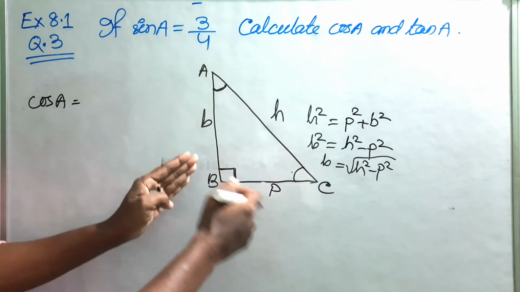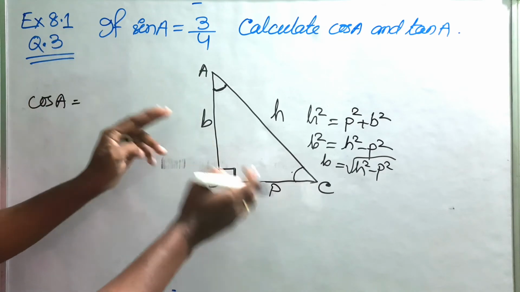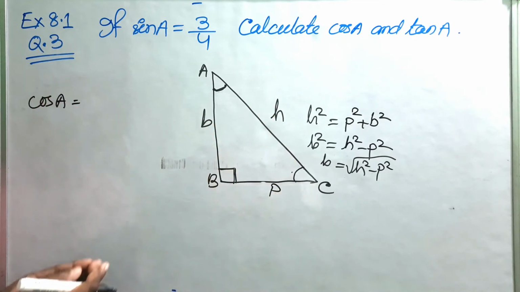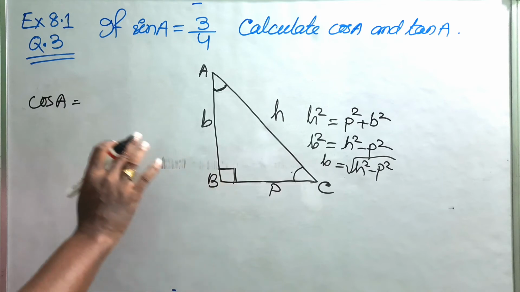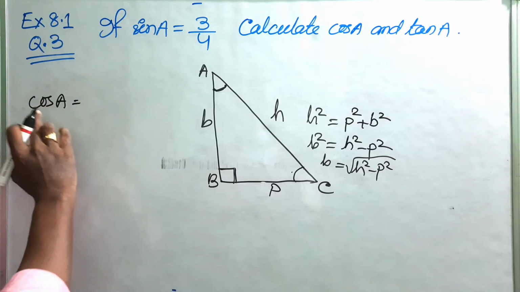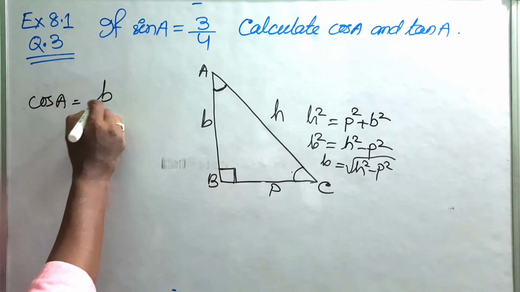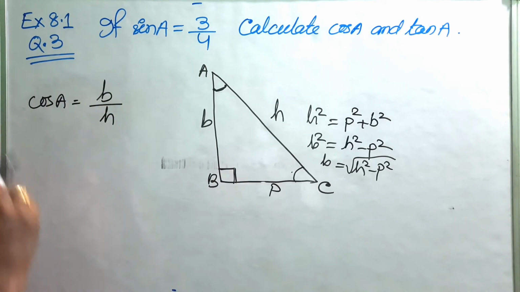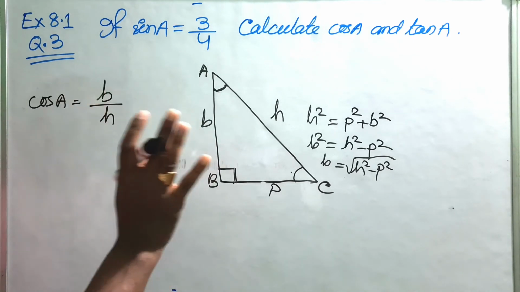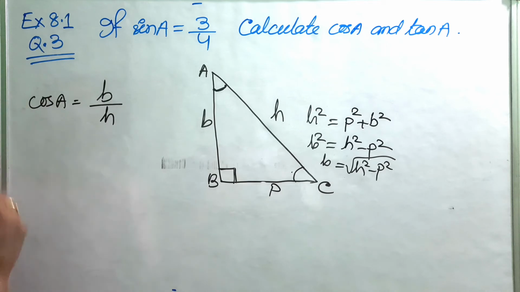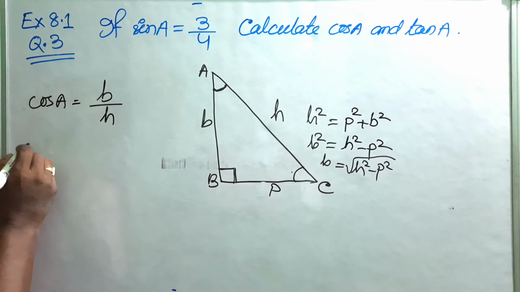If the diagram is given, then you have to take P, B, H accordingly. But here no diagram is given, so you can directly write cos A is equal to B by H. So you have to remember this formula.